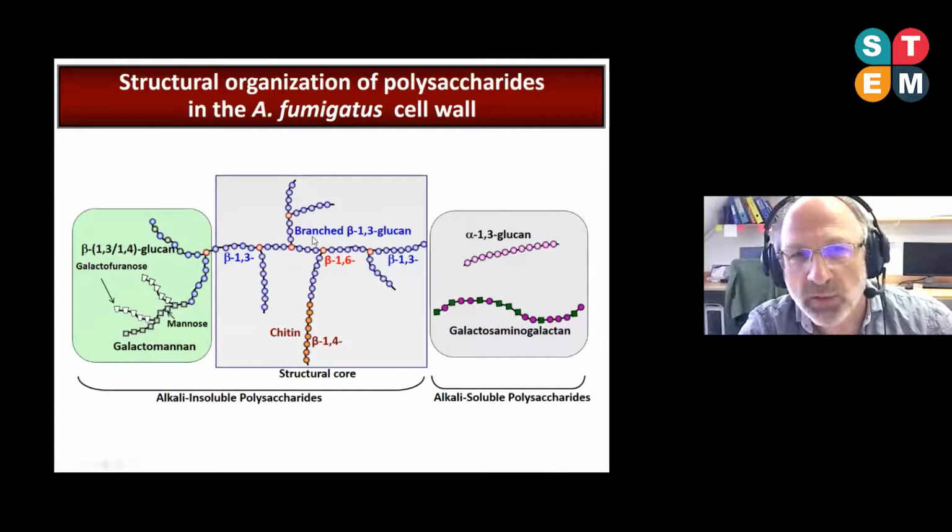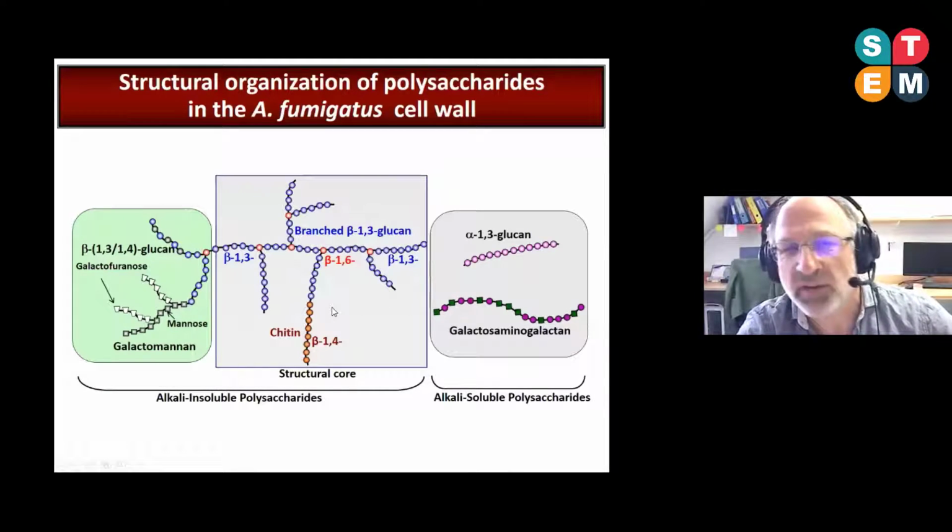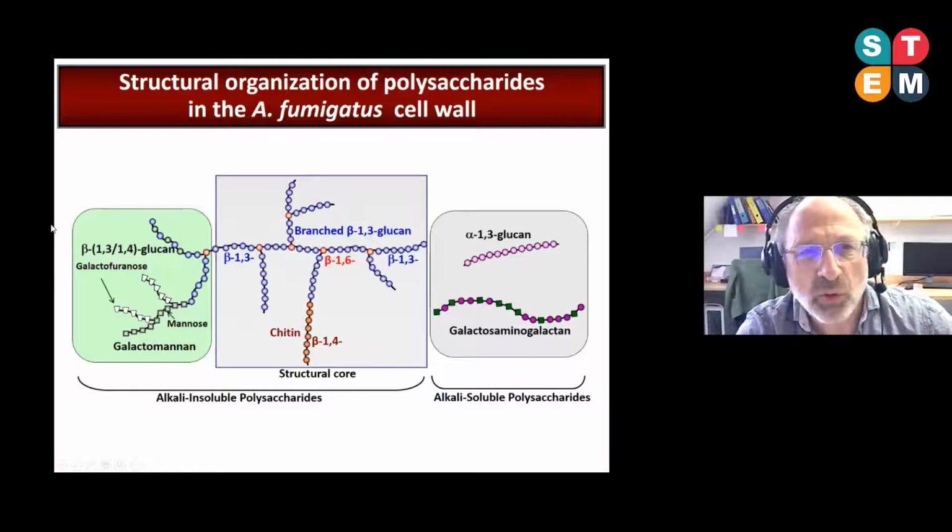Beta-1,3-glucan is branched through beta-1,6 linkages, making a side chain, and on the end of the side chain, other polymers can be cross-linked. Here we see the example of chitin cross-linked to beta-1,3-glucan. In Aspergillus fumigatus, two other polymers are also cross-linked to beta-1,3-glucan: beta-1,3/1,4-glucan and also the galactomannan.